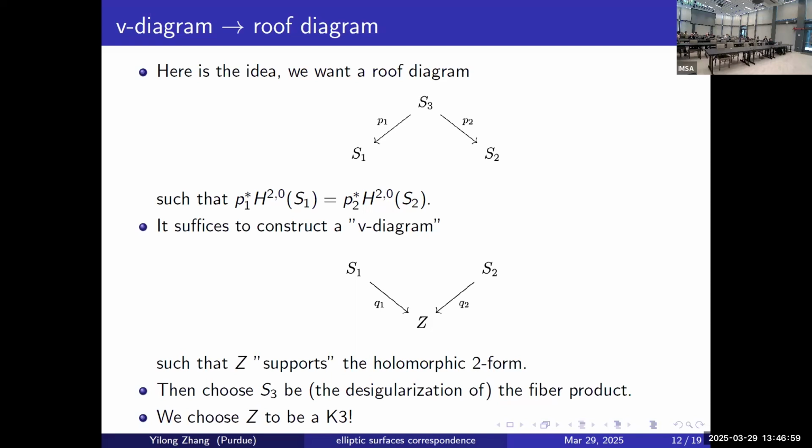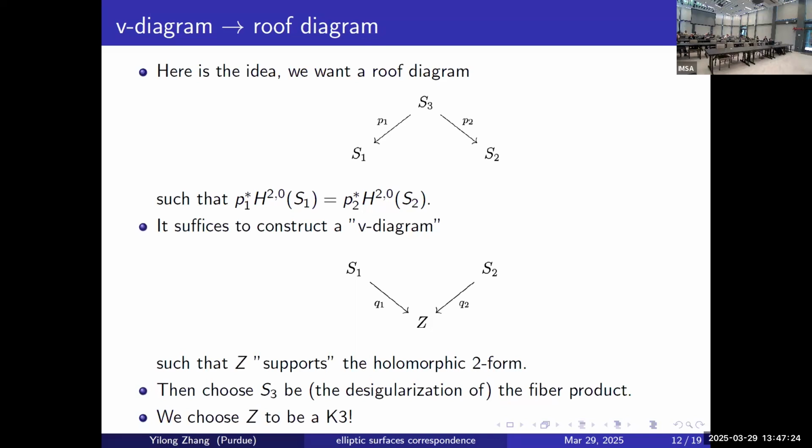In general, the number of 2-0 forms is usually very large. So how do you construct something on the top where you pull back and remove this one-dimensional subspace, they actually coincide? So this is in general not easy to construct.